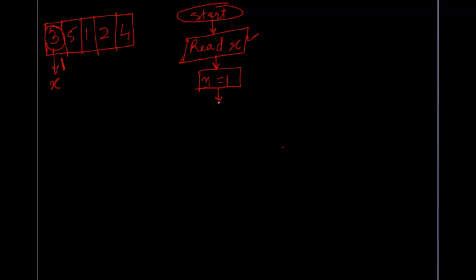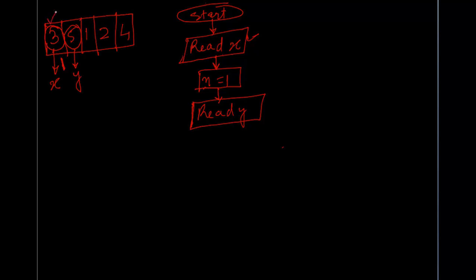Then I will read another number. Read y. When I am writing here read y, this 5 will be read, and this will be assigned to variable y. How many numbers have I read here?